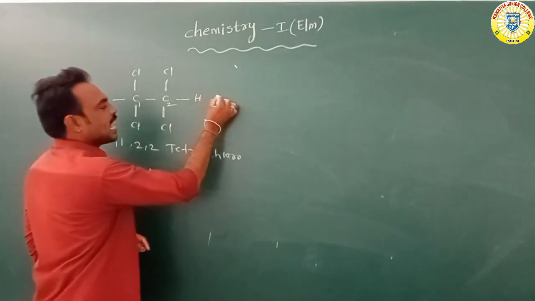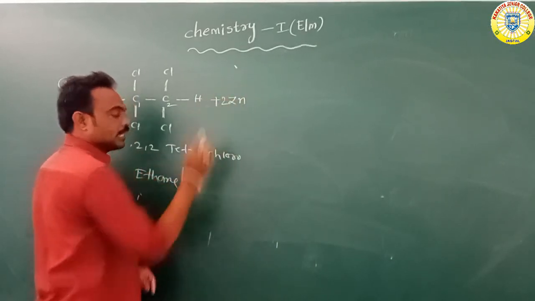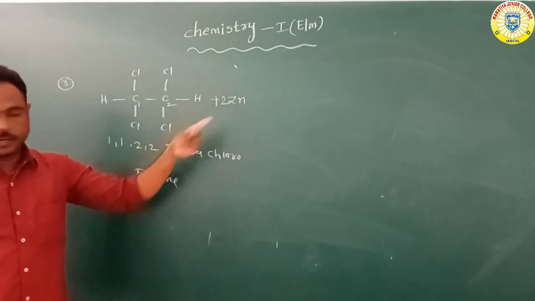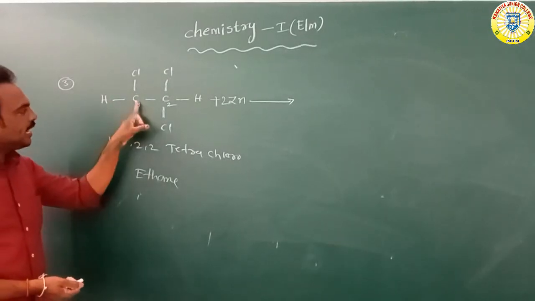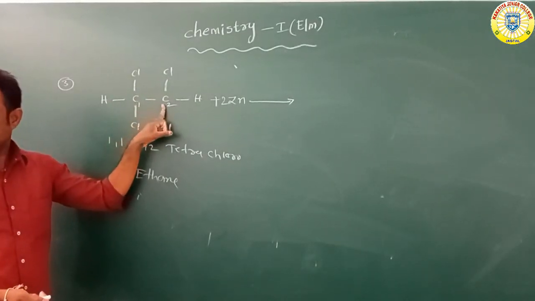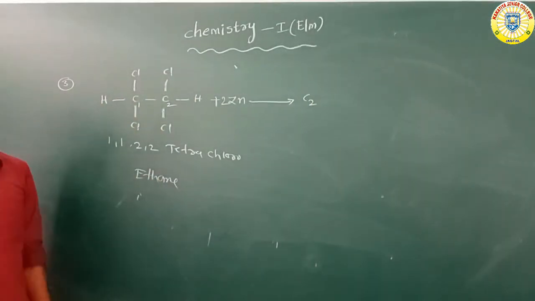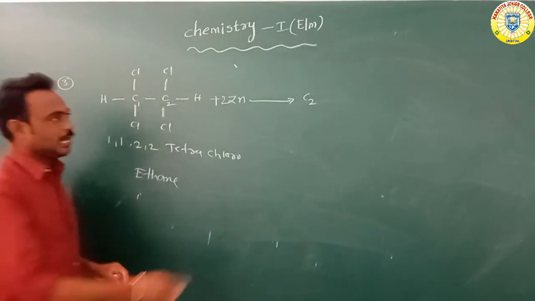When it reacts with zinc powder, to form in this reaction, how many carbons? 2 carbons, C2. How many hydrogens? 2 hydrogens, H2.